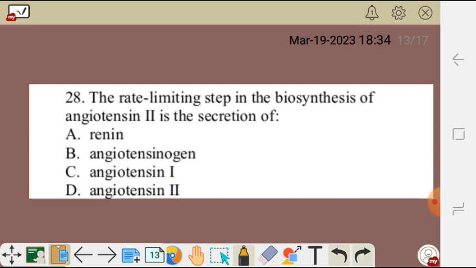If renin is not produced, then angiotensinogen won't be converted to angiotensin 1, and angiotensin 1 won't be converted to angiotensin 2. So the limiting step is renin. If we inhibit renin, then the system will be inhibited. So the correct answer is A.